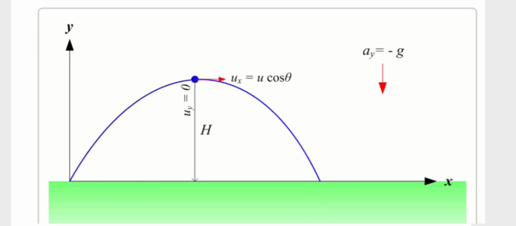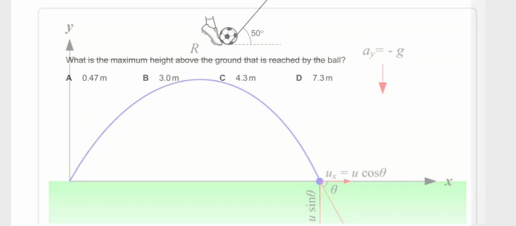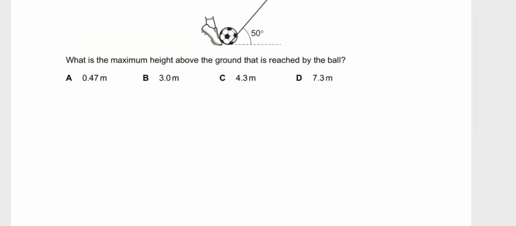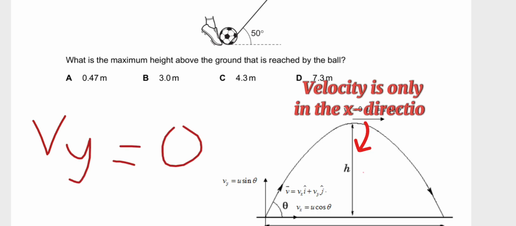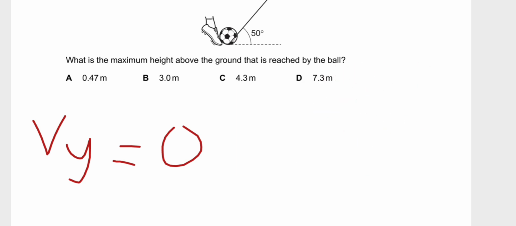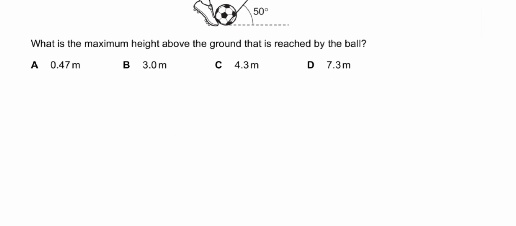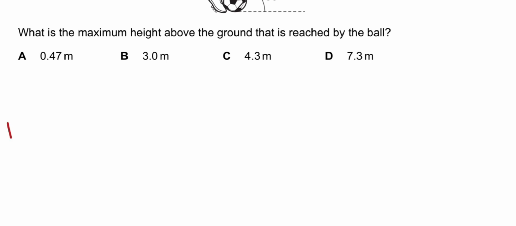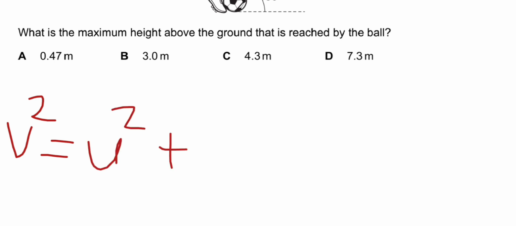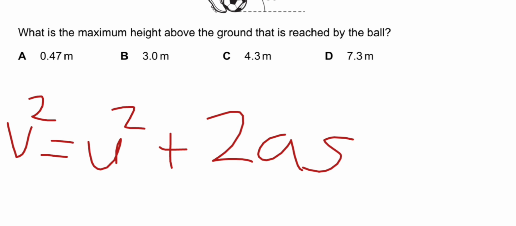At the maximum height, we know that the velocity in the y direction will be 0, because there is no component in the vertical direction at that particular time. But our formula says that v squared is equal to u squared plus 2as, and this u is the component of u in the y direction.